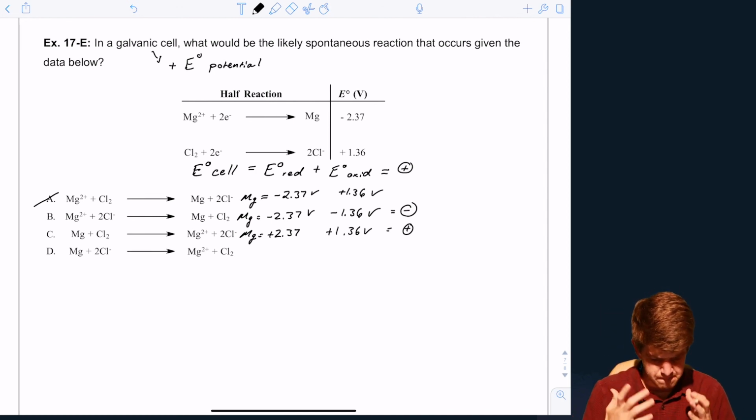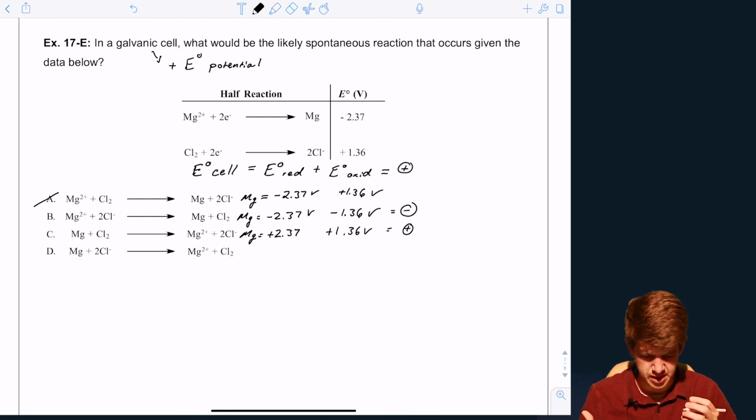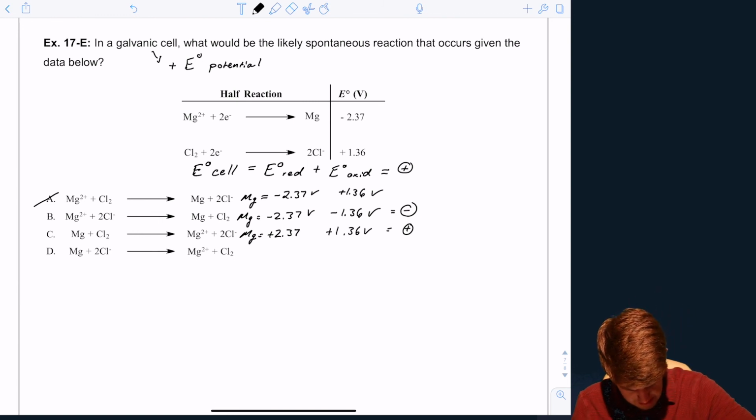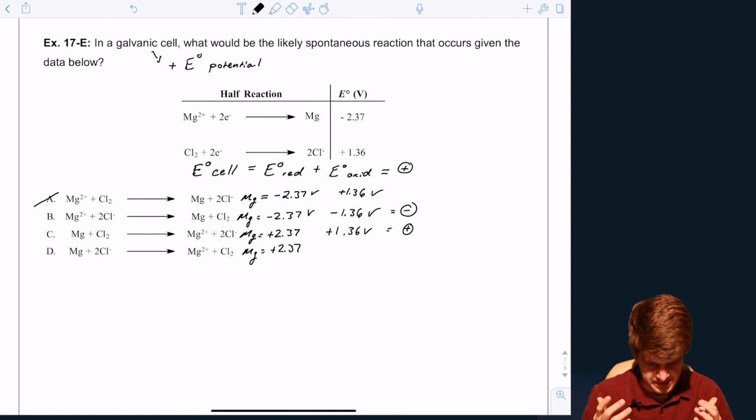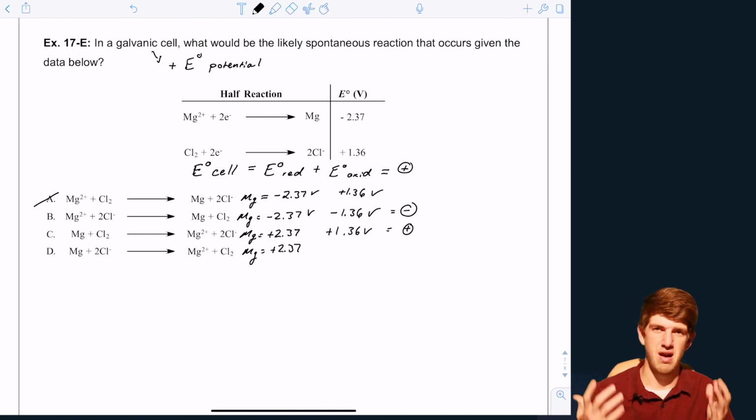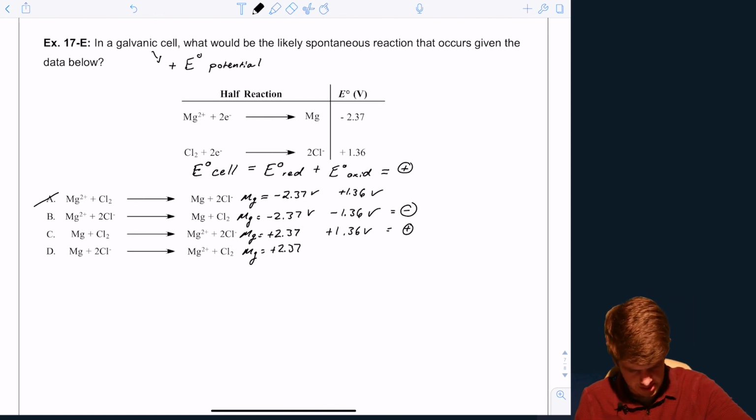And now for D, I see Mg is becoming Mg2+. It's losing electrons, so this is an oxidation. So I'll flip the sign. I have positive 2.37. 2Cl- is becoming Cl2. That's also an oxidation. So this is an ox-ox.